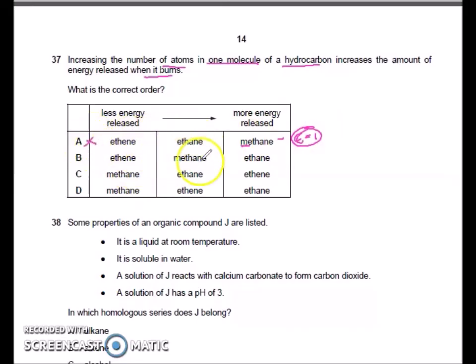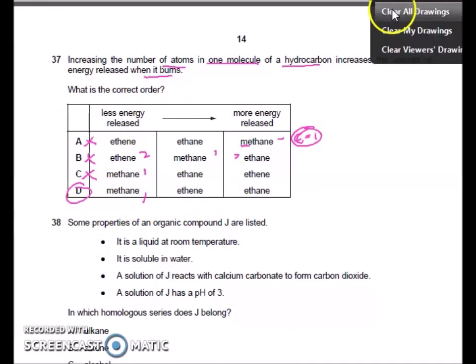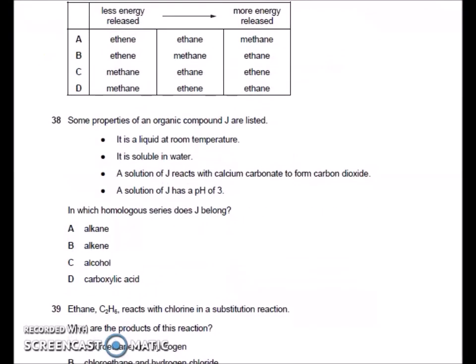So it's wrong. This one's wrong. Actually methane is an alkane, it's lighter than ethane. So it's also wrong. So your best answer is D. Carbon 1, ethane. Okay, so we go to number 38 now.